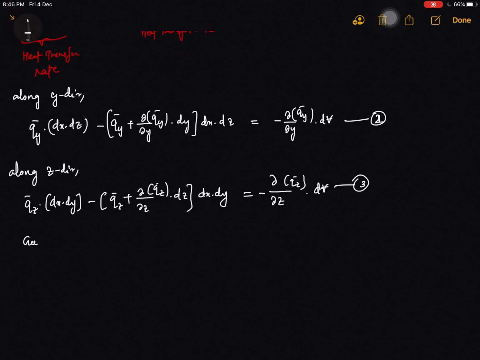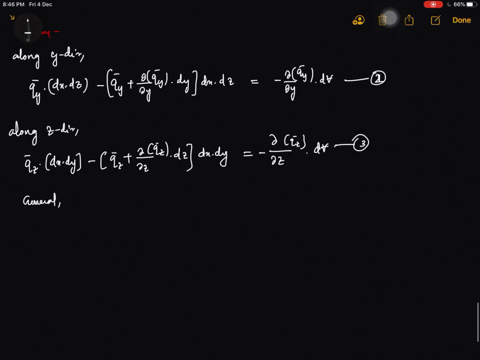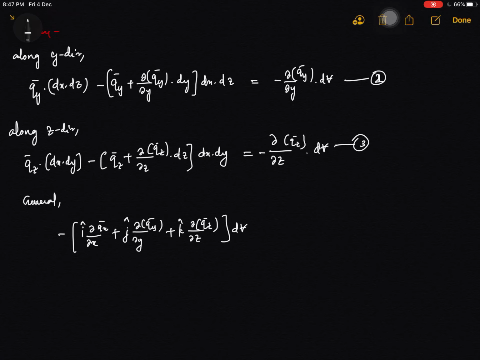So combining all this, we can write in general the heat flux or the heat transfer rate that is occurring within the body along x, y, and z directions as minus [i cap ∂/∂x of qx bar plus j cap ∂/∂y of qy bar plus k cap ∂/∂z of qz bar] into dv.